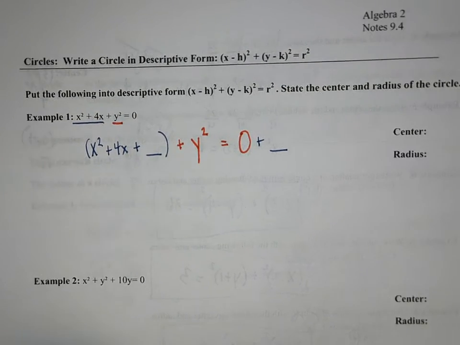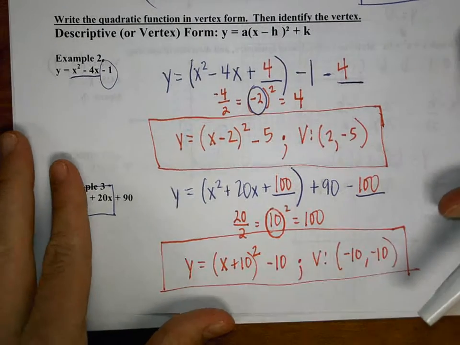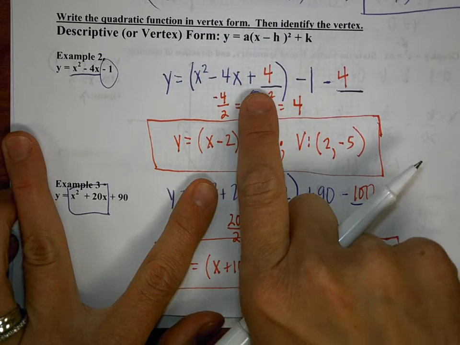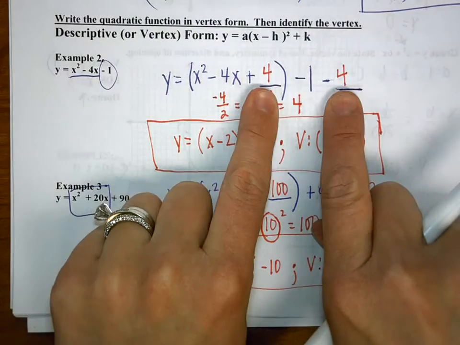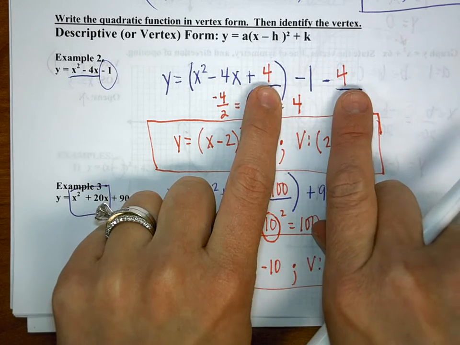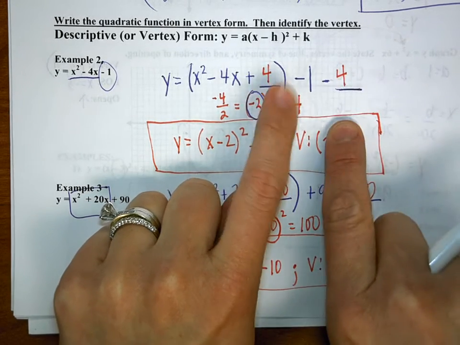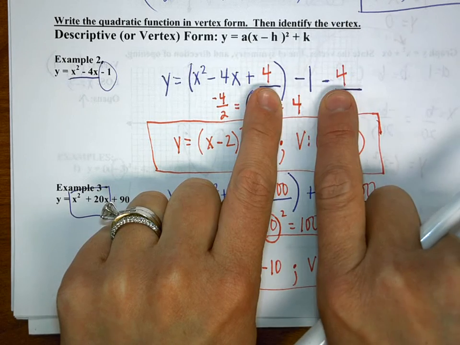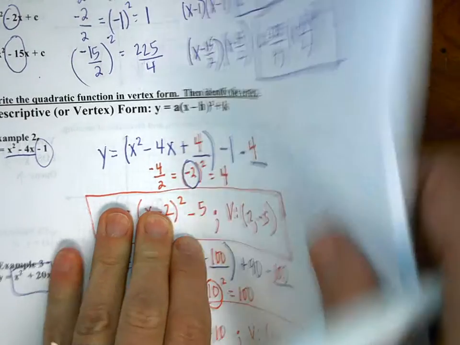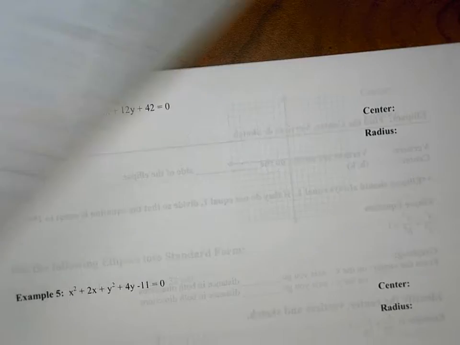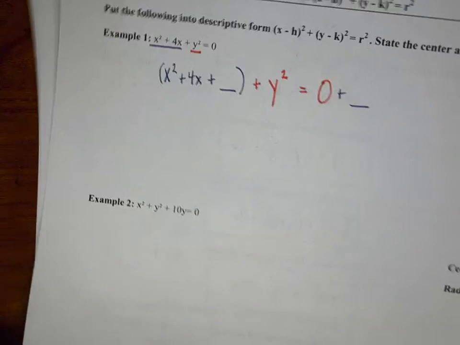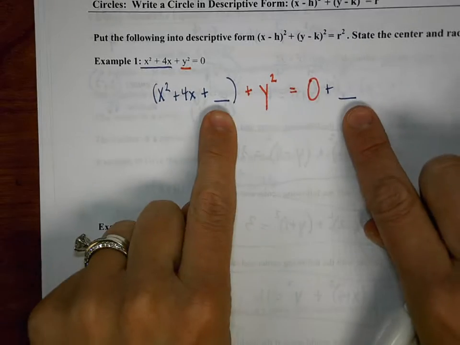Back in 9.2, notice on this problem we added a blank and subtracted a blank because they were on the same side. So in order to balance, when they're on the same side, you have to add and also subtract. On 9.4, when we're dealing with circles, they are on opposite sides of the equal sign.